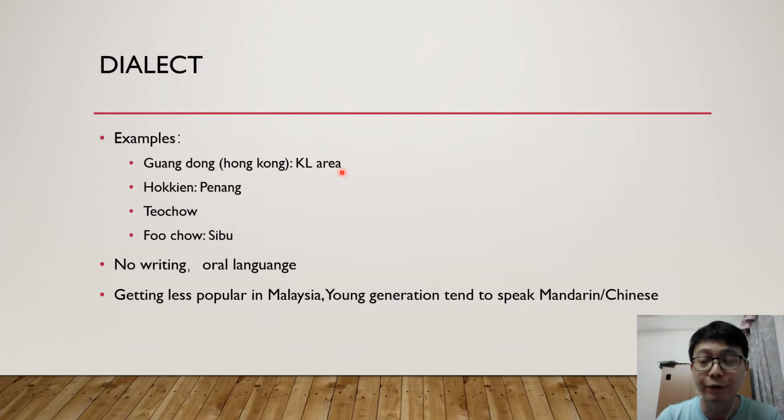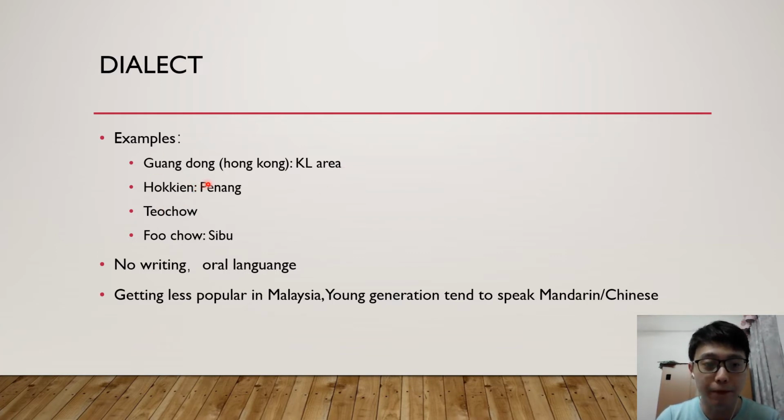If you notice, these KL people sometimes are not speaking Chinese but another kind of dialect. This dialect is quite common in KL, even though the people who speak it do not necessarily have an ancestor from Guangdong.